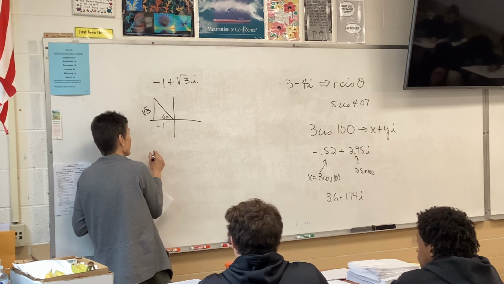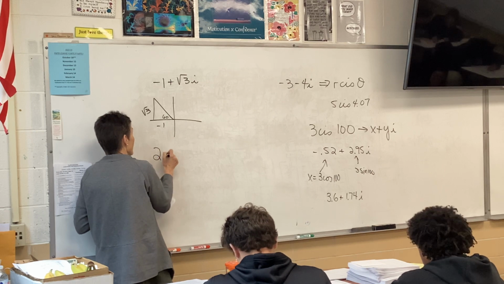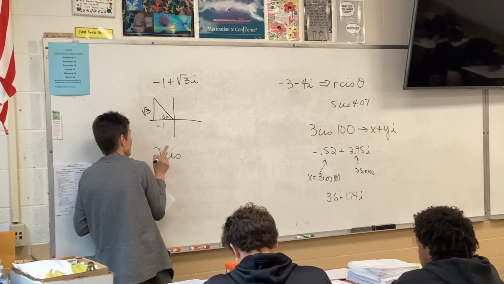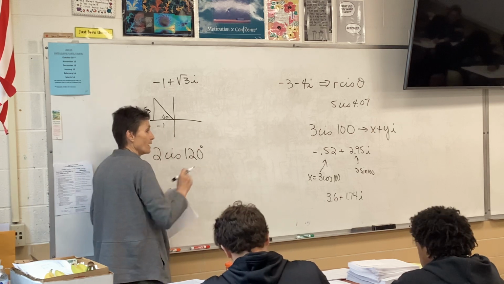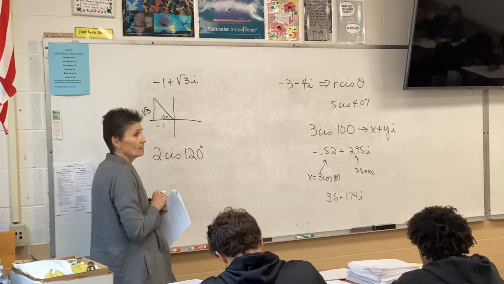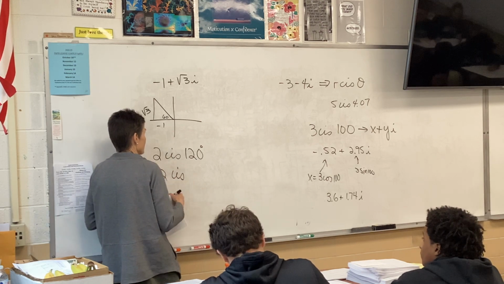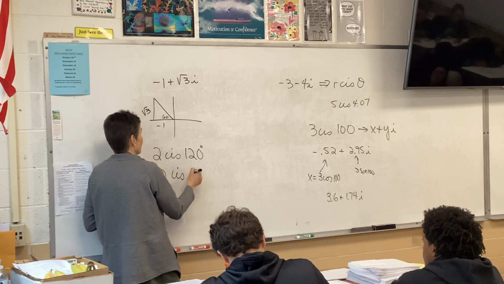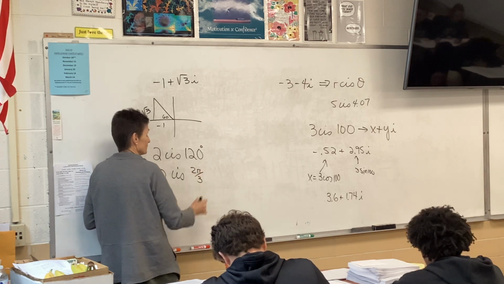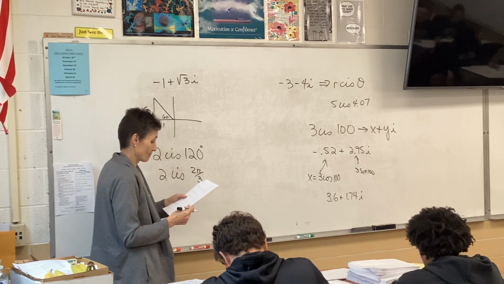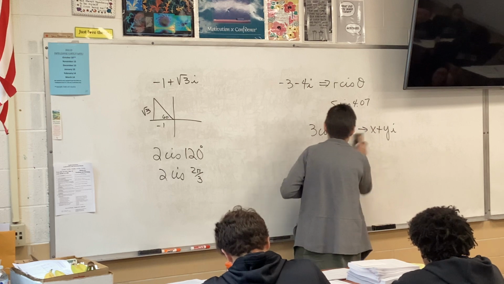What's my R? 2. What's my actual angle? 120. Done. What would my angle be in radians? Pi minus pi over 3, so 2 pi over 3. It doesn't say, so either one is fine.